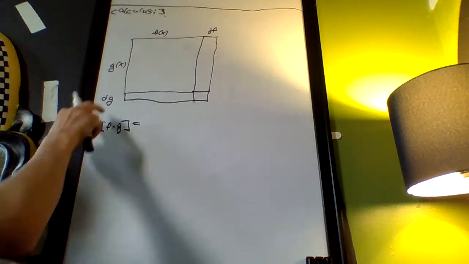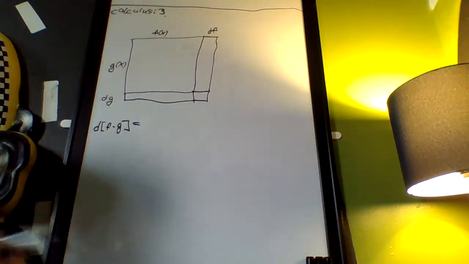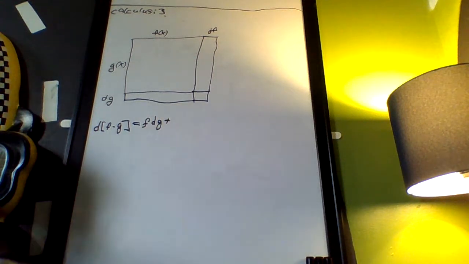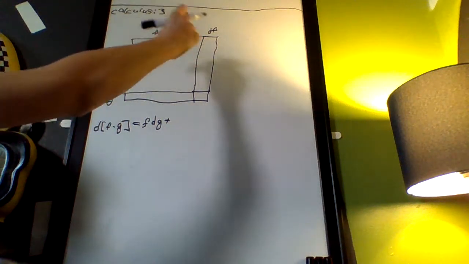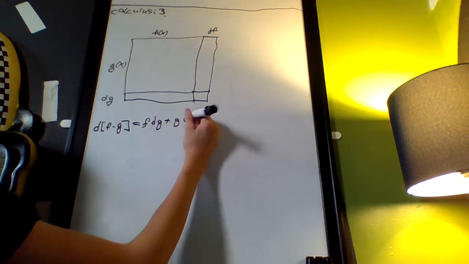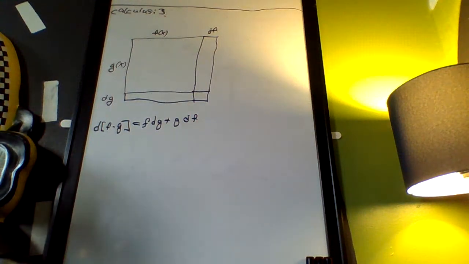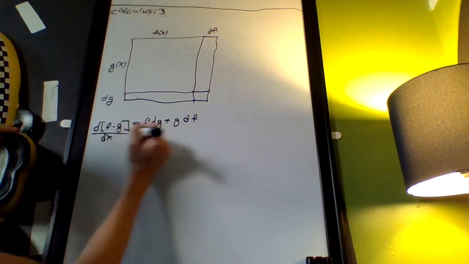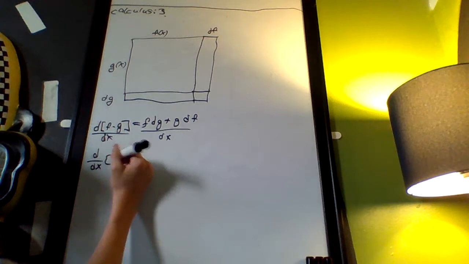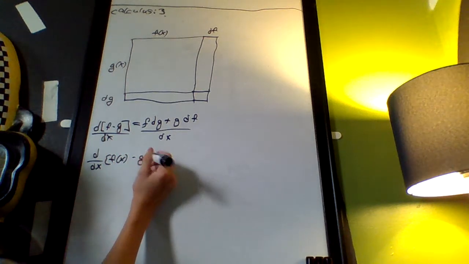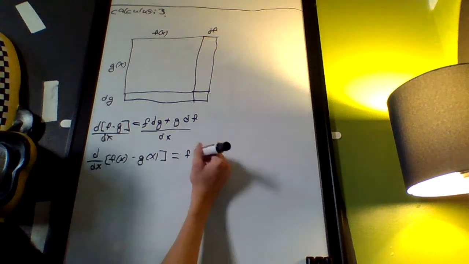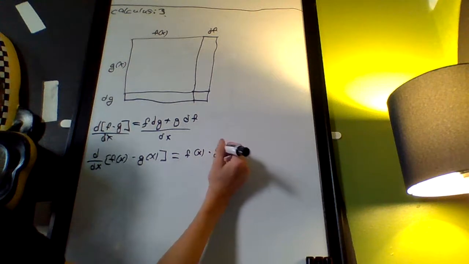This is dg times f of x. So it's f dg, right? And plus, well, this is g by df. Now let's divide by dx on both sides. That's always helpful. So the derivative with respect to x of f of x times g of x, I'm going to add in the function notation now, is going to be f of x times g prime of x.